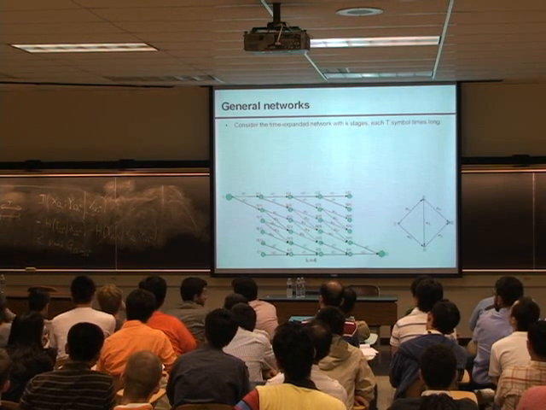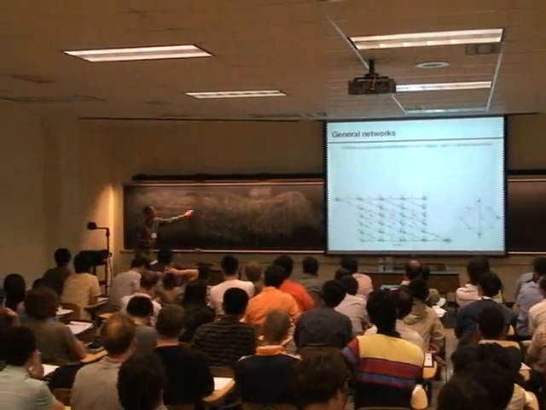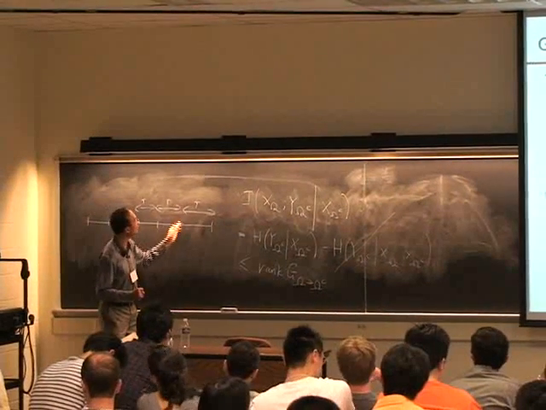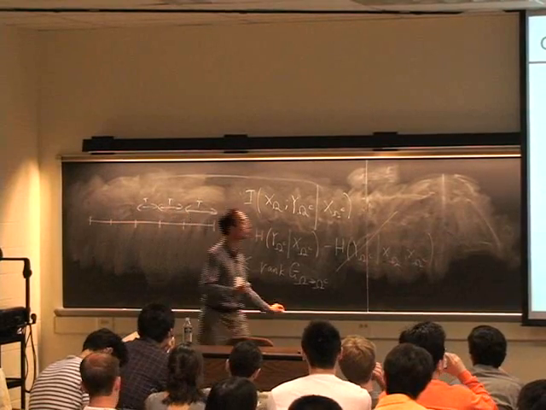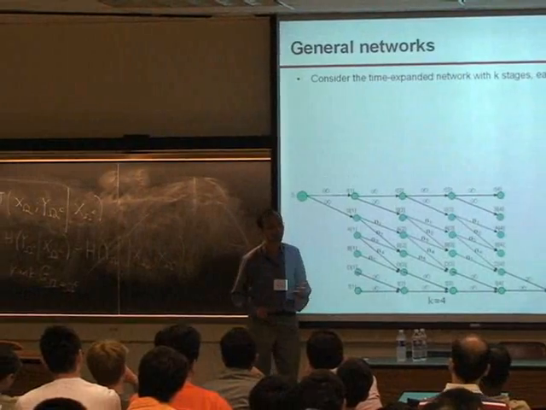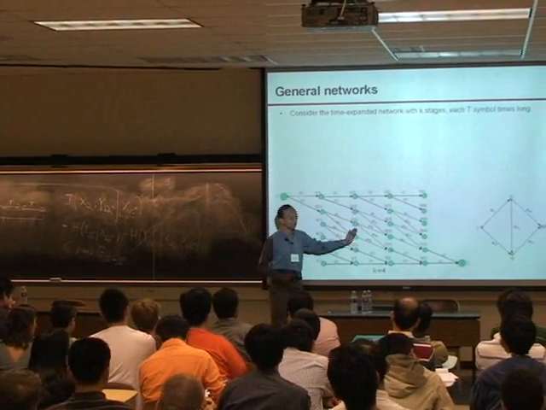And the source is going to take my super message, randomly code it, and then at each time, it will send a block of length t into the network. And then the relay will do re-encoding based on what is received in a random way, exactly like we described earlier, and send a signal forward.